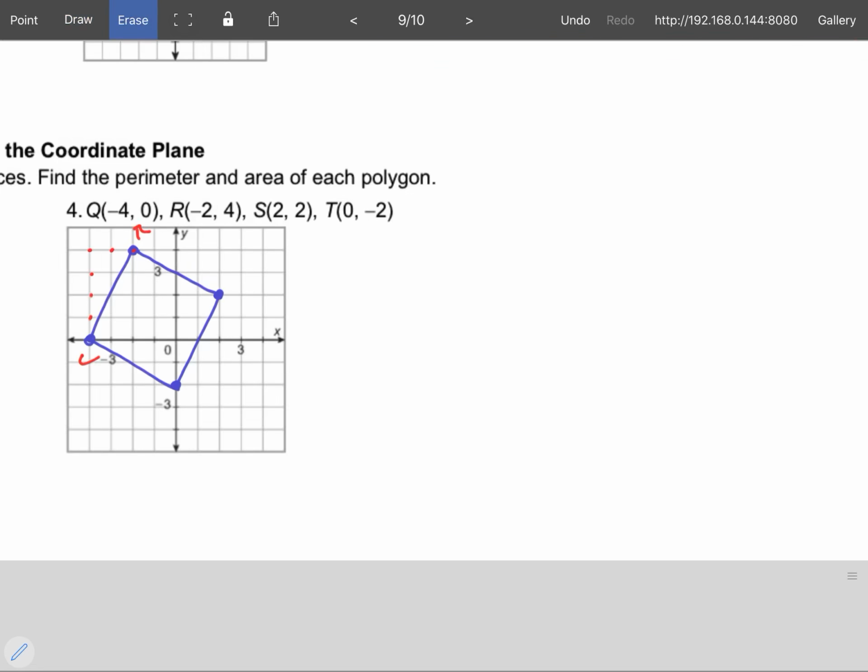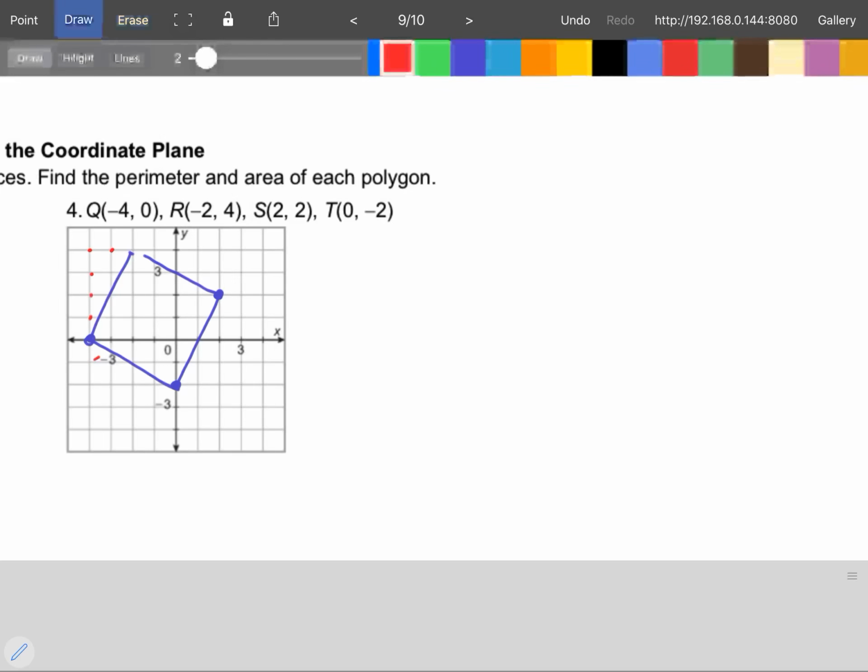But then to get from this point on the left, right here, to this point on the right, you would have to go down 2 and right 4. Well, can you see that those slopes would be negative reciprocals of each other? The one slope would have been, let's see, I didn't label all my points here. I probably should have done that. Let me do that real quick.